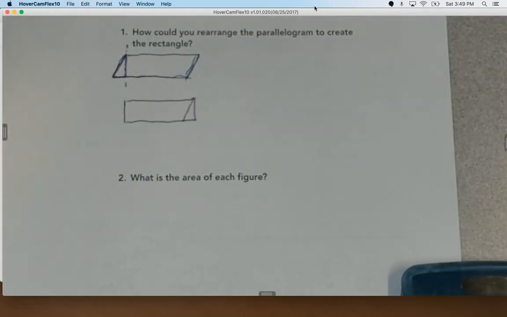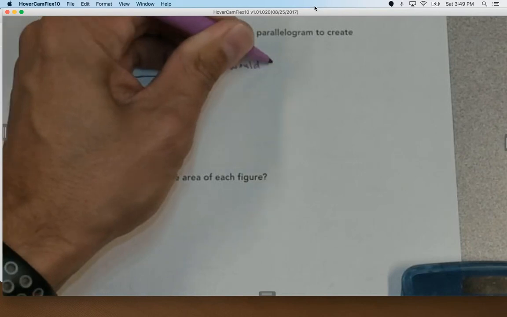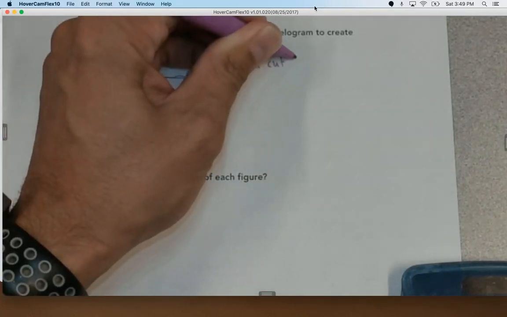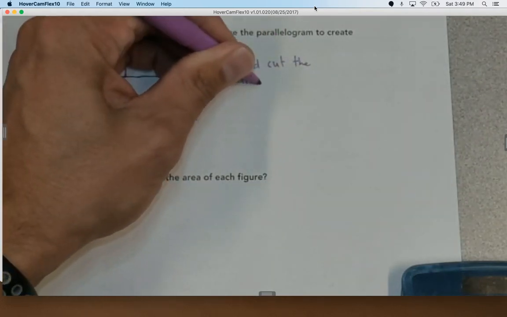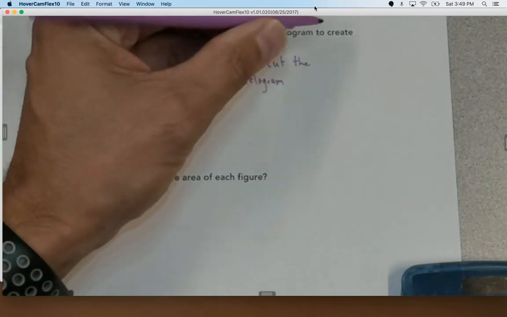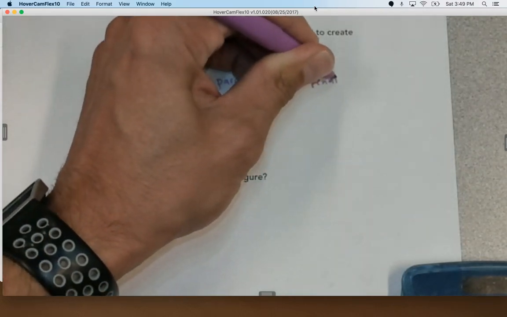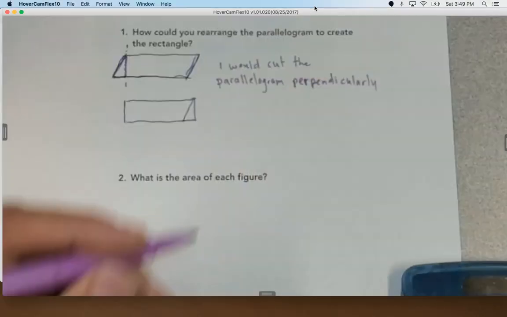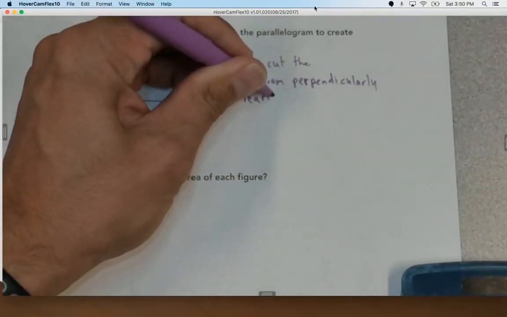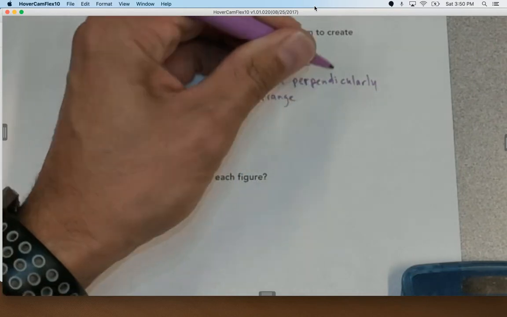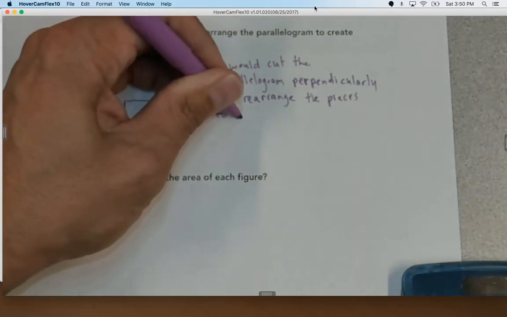And so I would cut the parallelogram perpendicularly at a 90-degree angle and rearrange the pieces to make a rectangle.